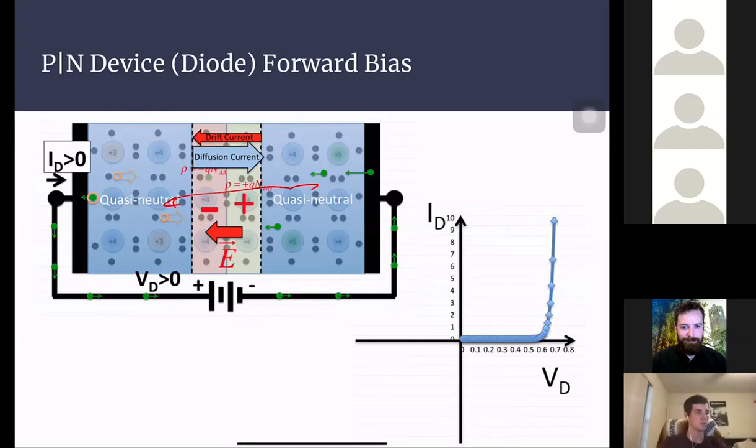Now, this curve shows the IV characteristics. When you apply voltage, the current doesn't increase by an appreciable amount.